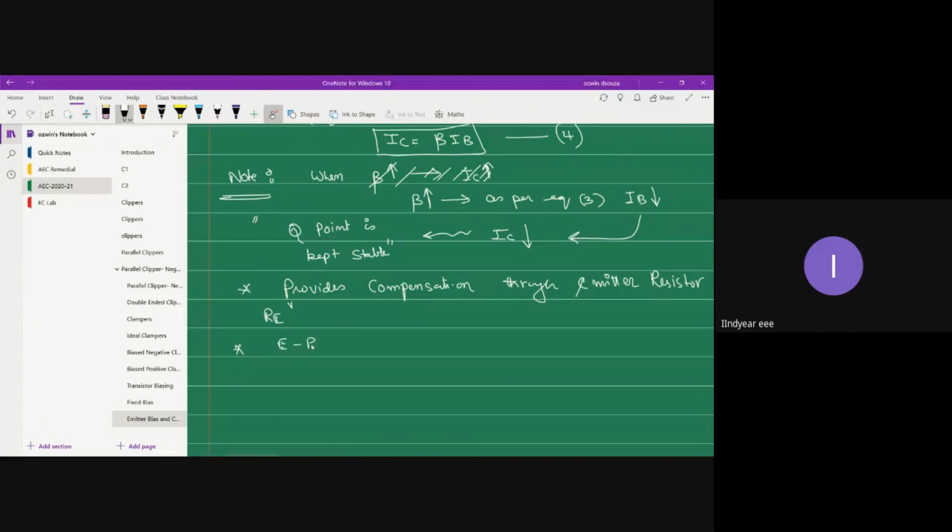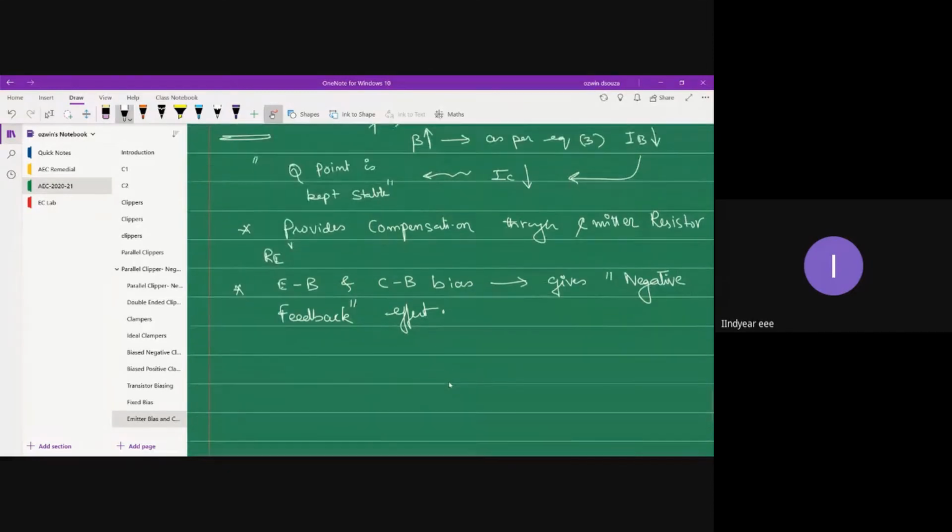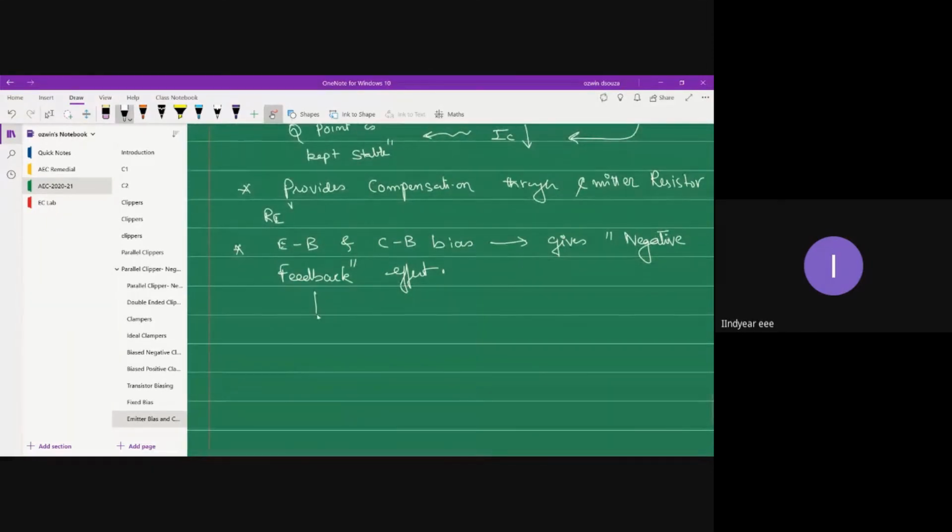Your emitter bias and collector to base bias give something known as negative feedback effect. Now, what is this negative feedback? Negative feedback is a feedback that tends to reduce the error.